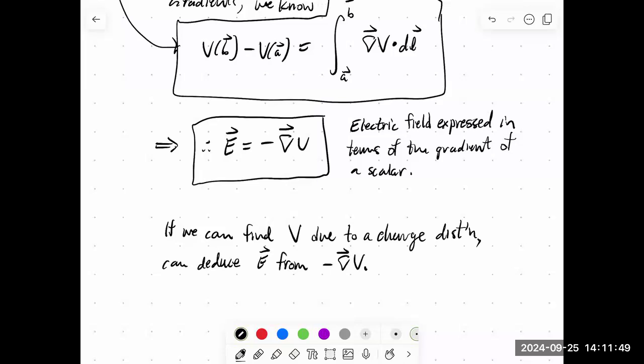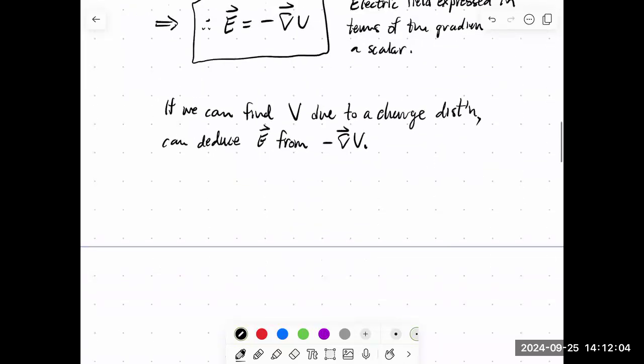All right. And we'll do an example today where we try to demonstrate that calculating these potentials is in general easier than calculating electric fields directly.